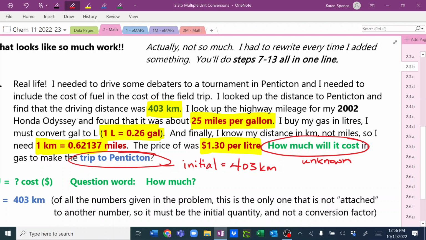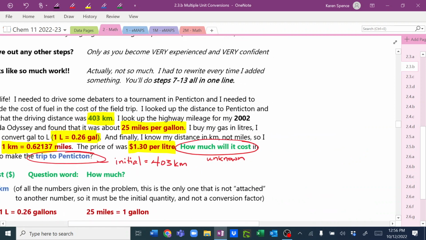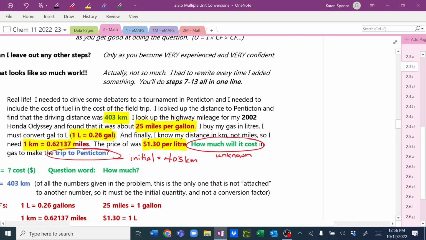Okay? So if I was to take a look at this, I'm just going to shove that over there. All of this is written down below, obviously. I'm going to be starting with kilometers. What can I convert kilometers into, just given what I've got in the problem? Miles, because those two are connected, right?